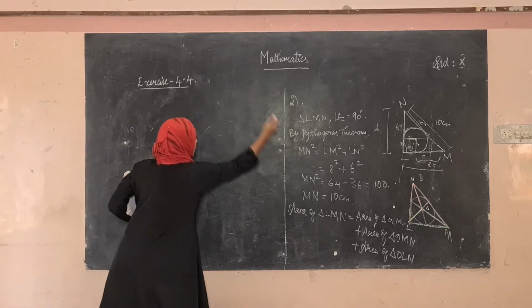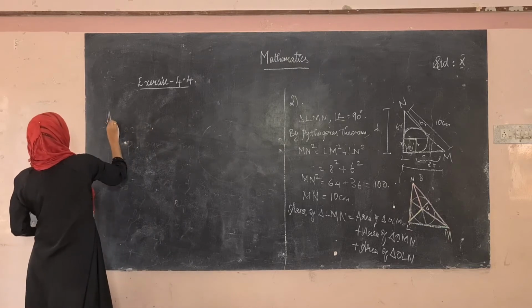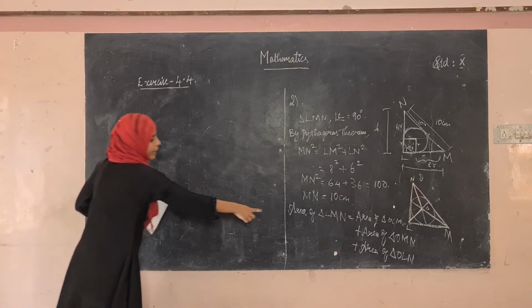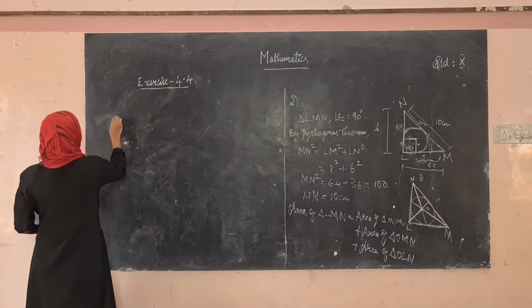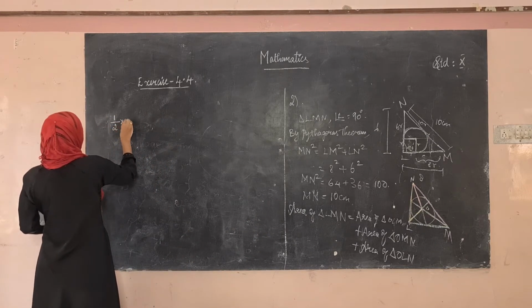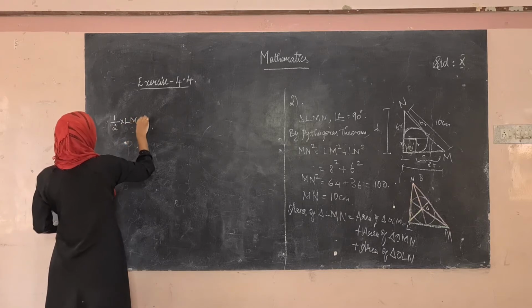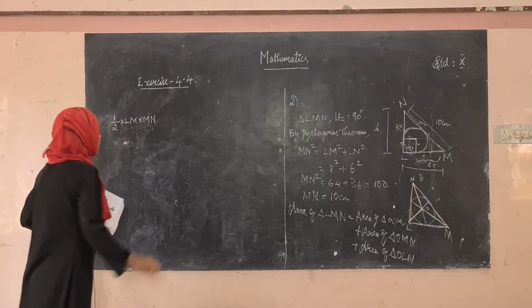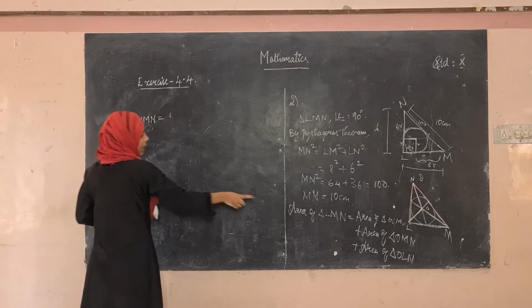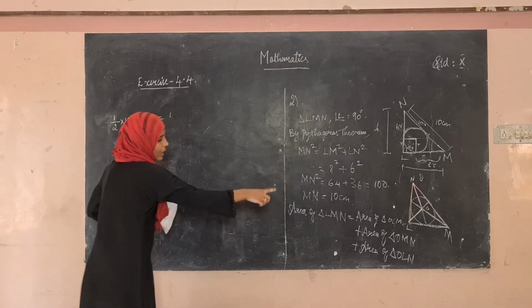So see here, area of triangle LMN can be written as half into LM into LN, which is equal to, next, area of triangle OLM.